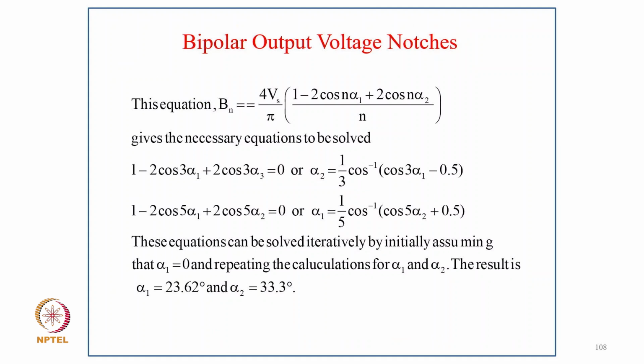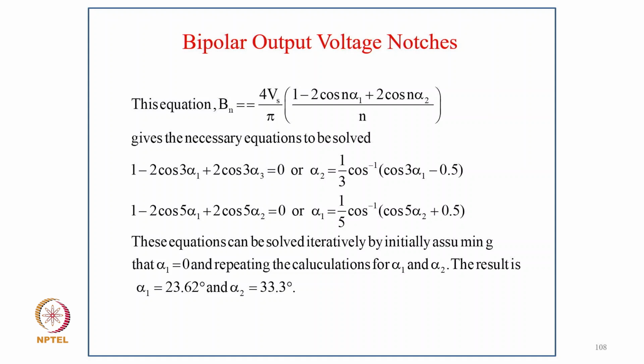So the equation is Bn = (4Vs/nπ)[1 − 2cos nα1 + 2cos nα2]. Given this, the necessary equations to be solved are 1 − 2cos 3α1 + 2cos 3α2 = 0, and similarly another equation 1 − 2cos 5α1 + 2cos 5α2 = 0. Here α2 = (1/3) cos⁻¹(cos 3α1 − 0.5), and α1 = (1/5) cos⁻¹(cos 5α2 + 0.5).